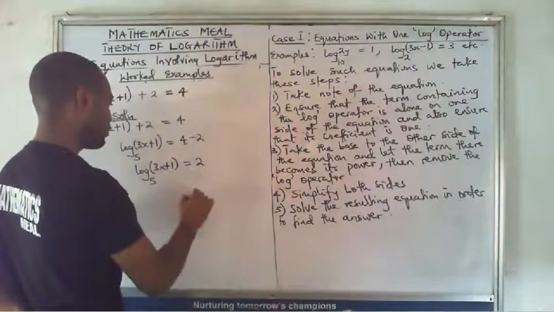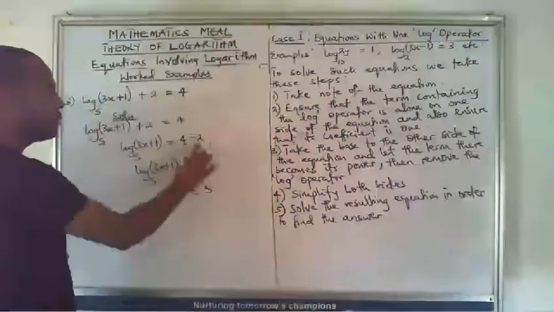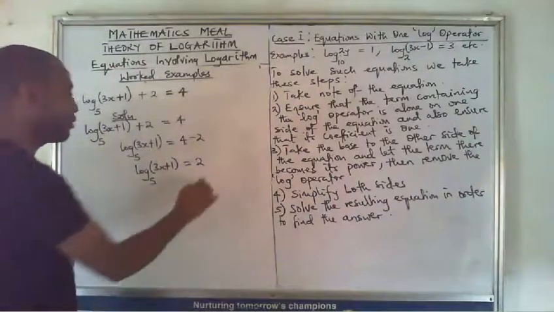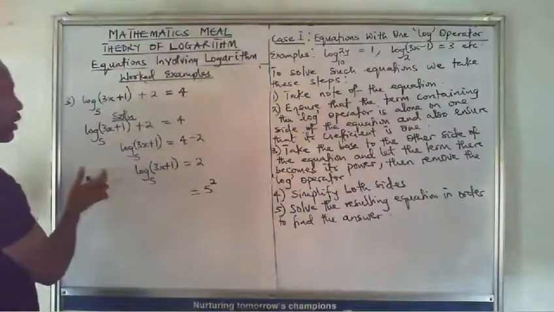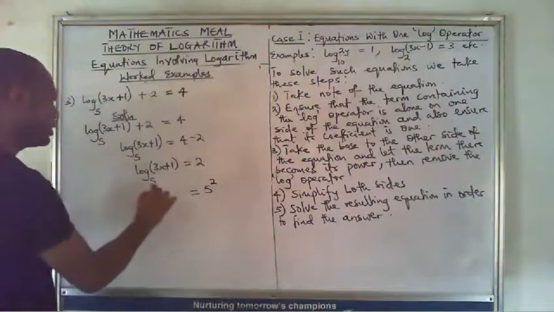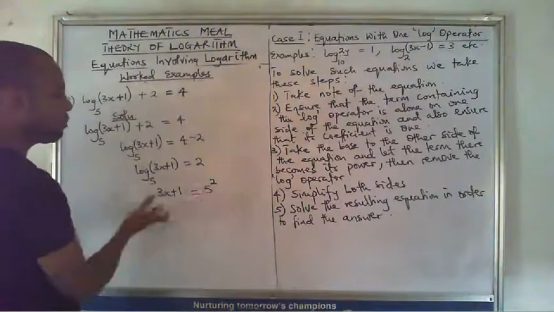When you take this 5 to this side, the term there is 2. Make that term the power of the base, and then remove the log operator. So the log is gone, remaining 3x plus 1.